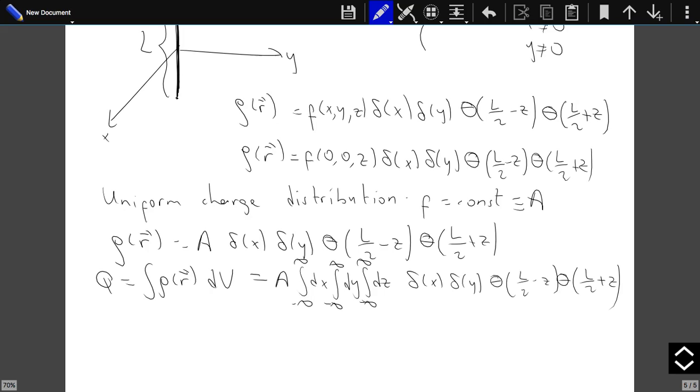Well, the Dirac delta will make the x and y integration trivial, so everywhere we should put x equal to 0, y equal to 0. And the step functions tell me that although in the z integral we are integrating over the whole of space, the only contribution comes from z equal to minus L over 2 up to z equal to plus L over 2. So this is equal to A times L.